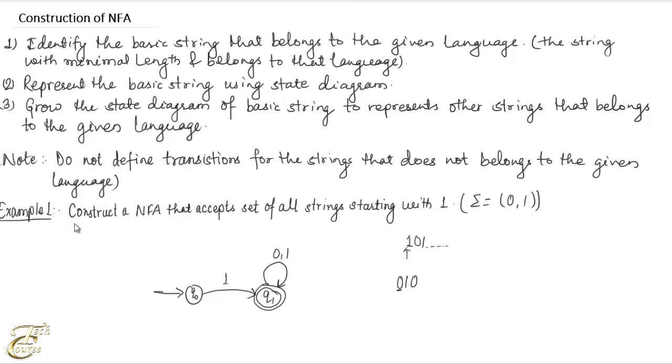Similarly, we haven't defined the transition for the string 00100, since this string also starts with 0. As this state diagram represents the set of all strings that start with 1, this is our required NFA.